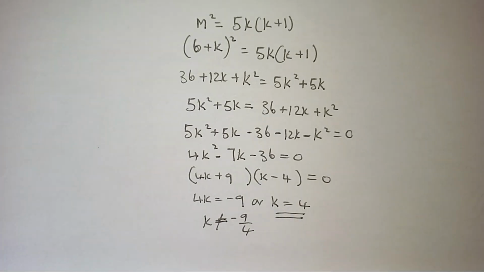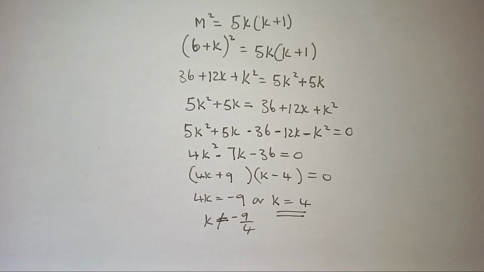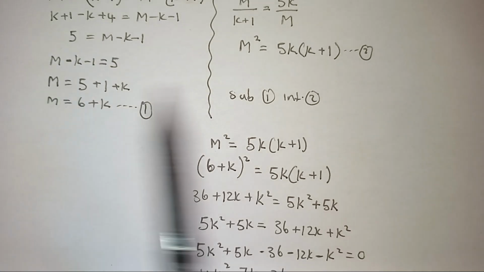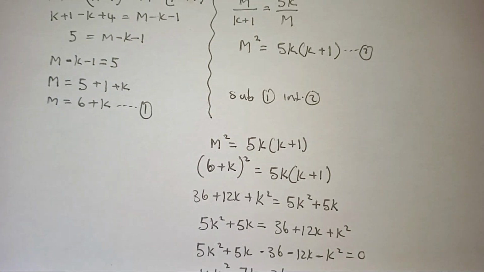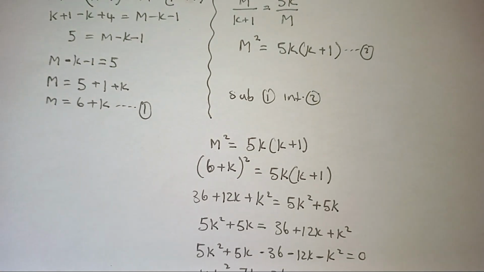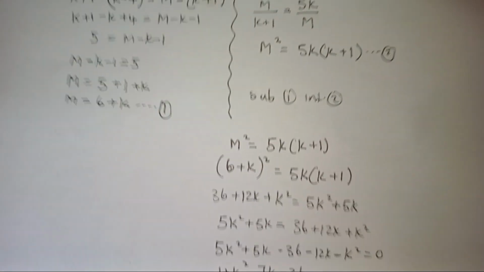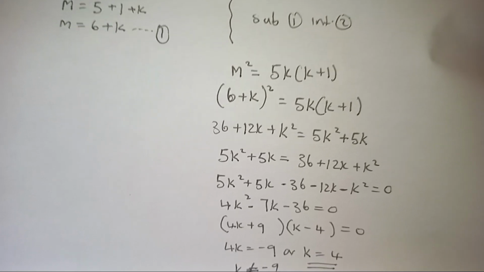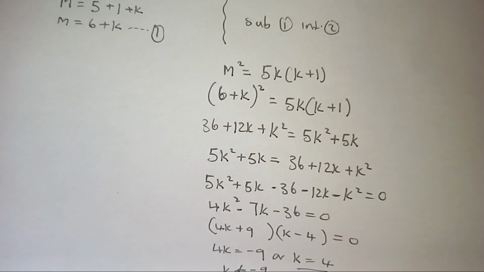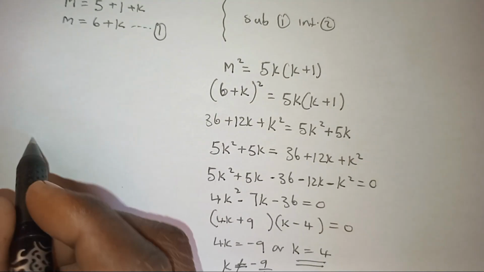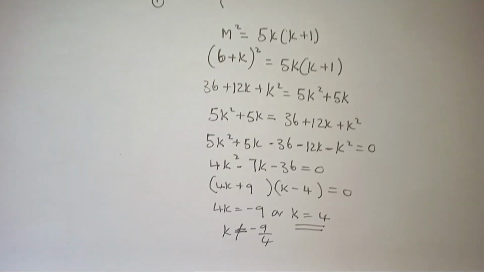When we have the value of k, it means that we can get the value of m from any equation. It's either you use equation 1 or equation 2, but you can use whichever, and then you find m. Let's find m. If k is 4, let's take equation 1.